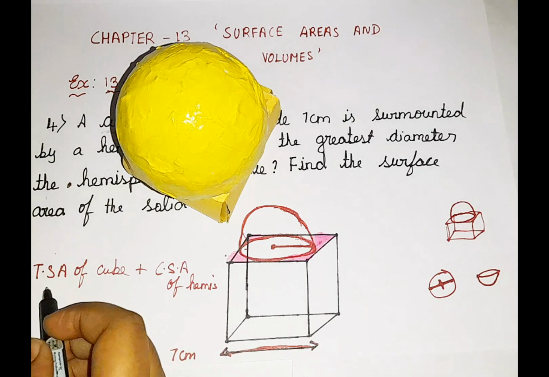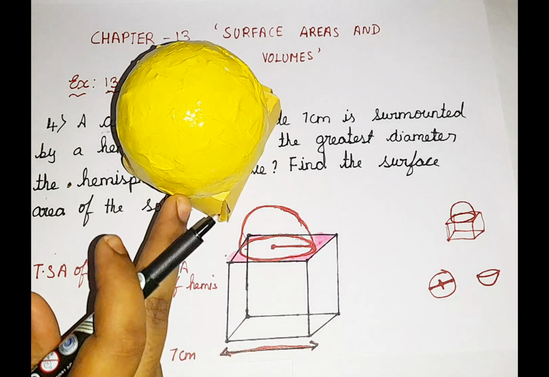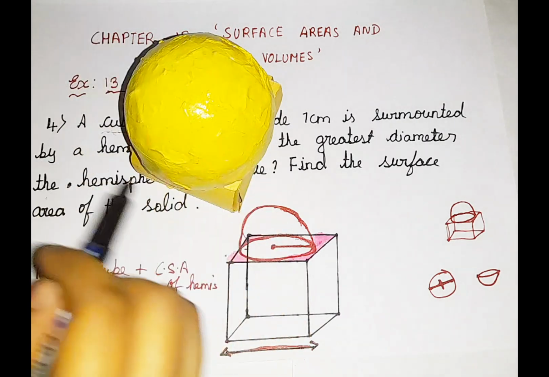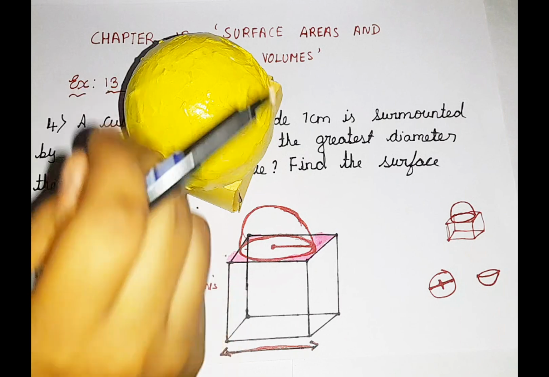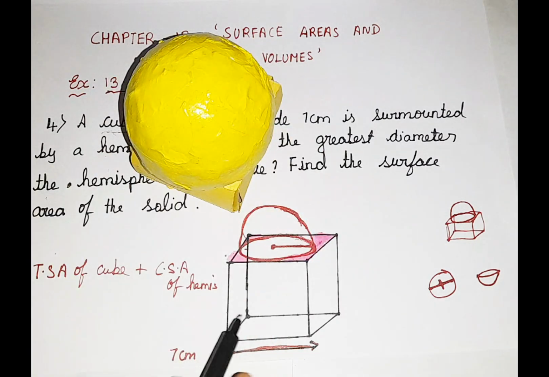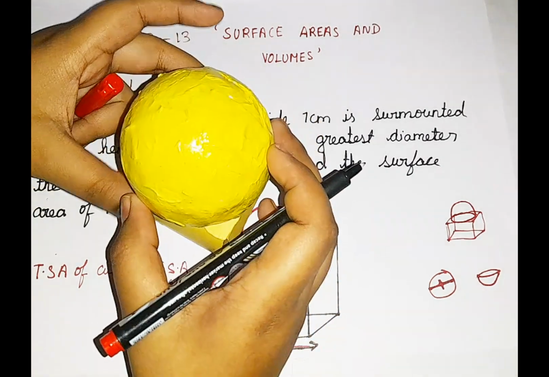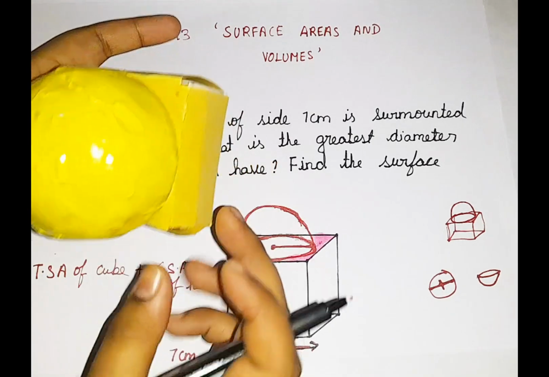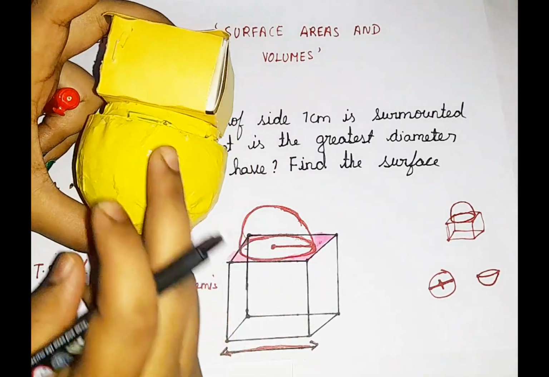Now, total surface area of cube. Why? Because I am able to paint most of the parts. And curved surface area of hemisphere. Why? Because I am able to paint only this part, that is a curved part. Since I am able to paint the complete part of this cube, but I won't be able to paint what is under this hemisphere.